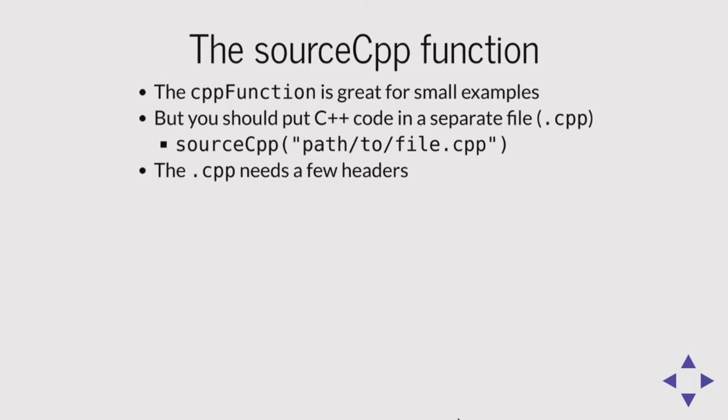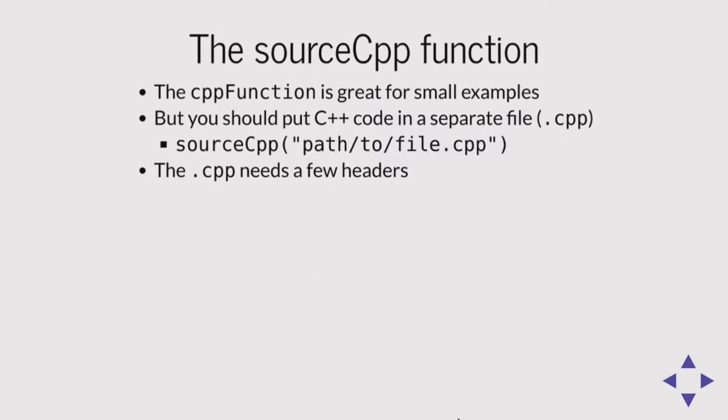RStudio is fantastic, and it'll do all the syntax highlighting for you, so it understands C and C++. Then you can do sourceCpp with the path to the file. Rather than having this awful hybrid C and R mixture, you have your file full of R code and your file full of C code, you keep them separate, and sourceCpp takes care of the magic.